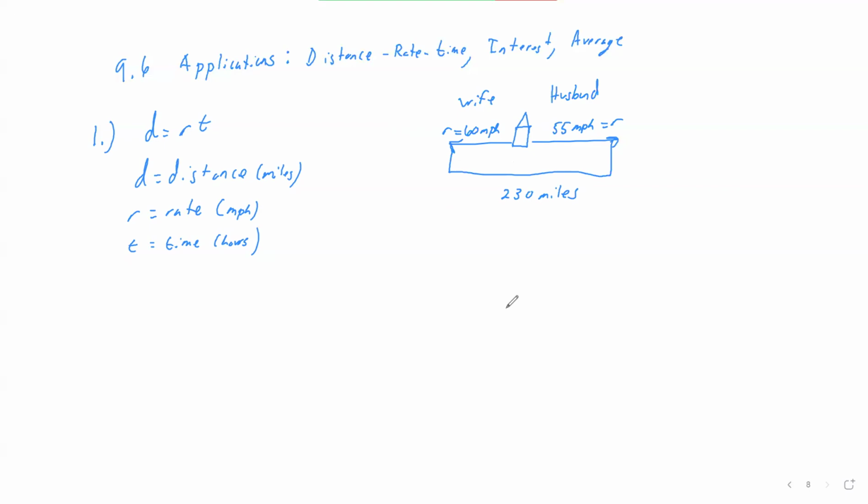So we're trying to calculate time. So try to make it as easy as I can. If I take this D equals RT, I can solve for my time by doing what? What's the R doing to the T? So the opposite would be to divide.